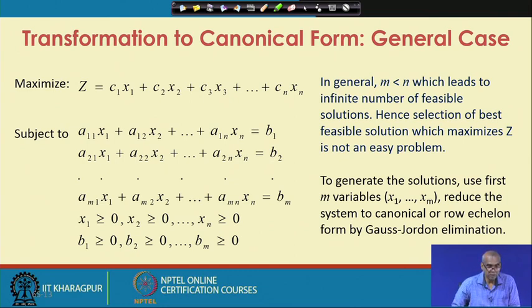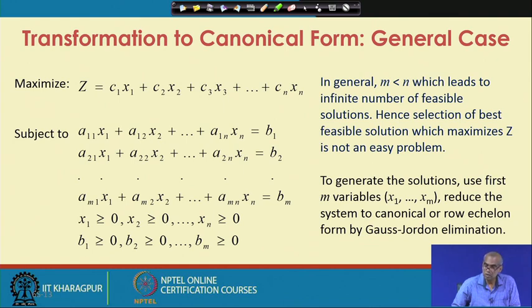So, we have the objective function z equal to c1 x1 plus c2 x2 up to cn xn, and we have m rows of constraints, that means m equality constraints, and we have n variables and m is less than n. So, m is less than n, that means you have number of variables more than the number of constraints.